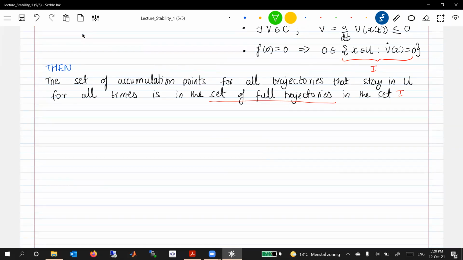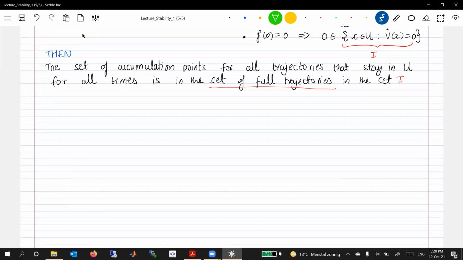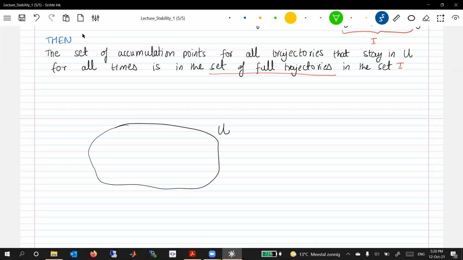But I want to maybe pictorially describe this idea a little bit. So once again, we have a general set U. In the dynamical system, we know that there are trajectories which lie inside this set, or even if they enter, they always stay inside it, right? But they never leave outside the set.